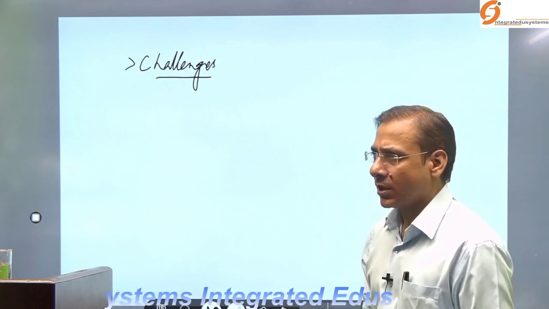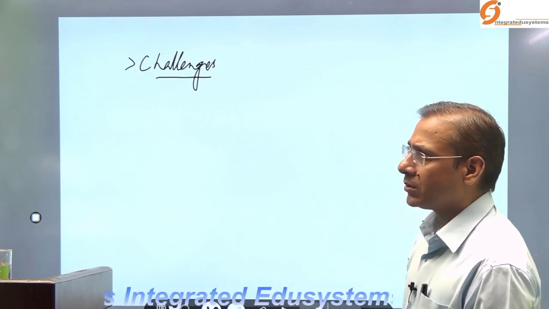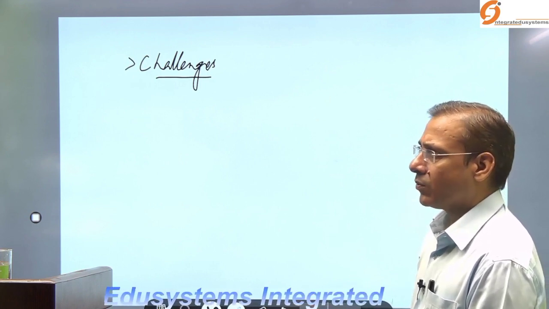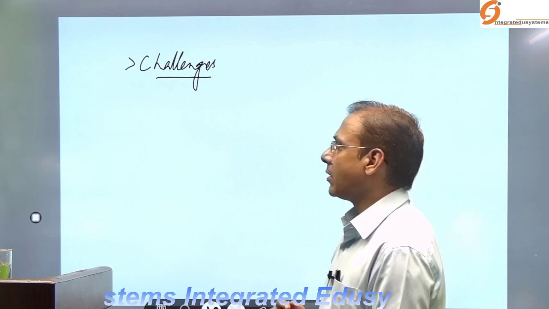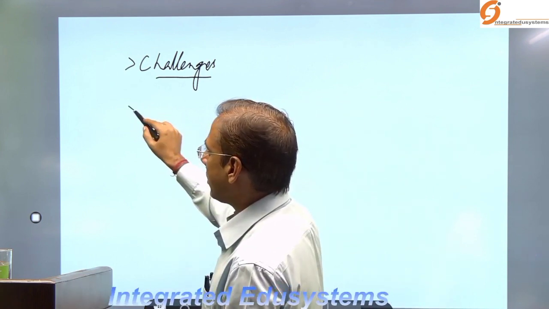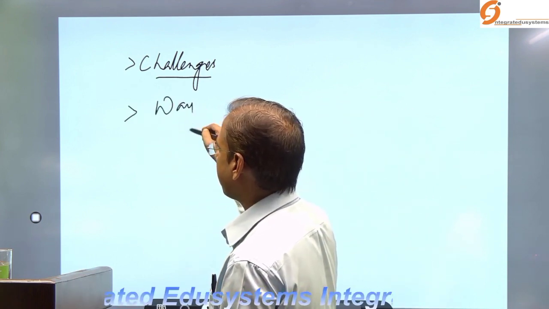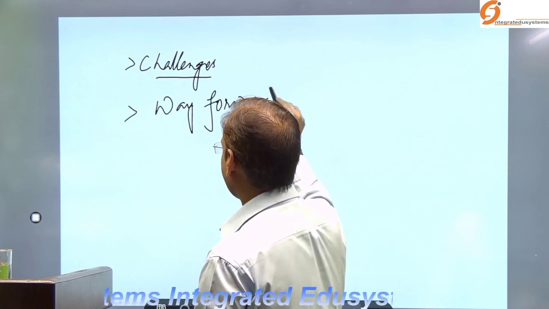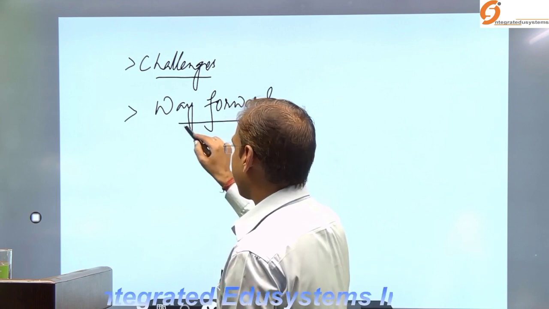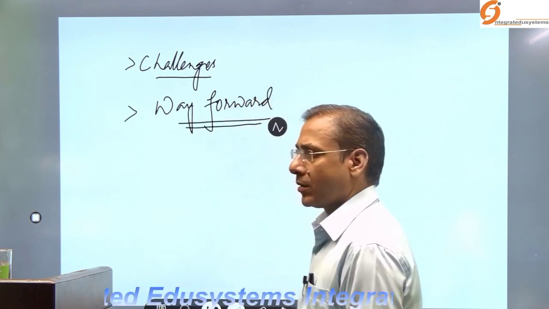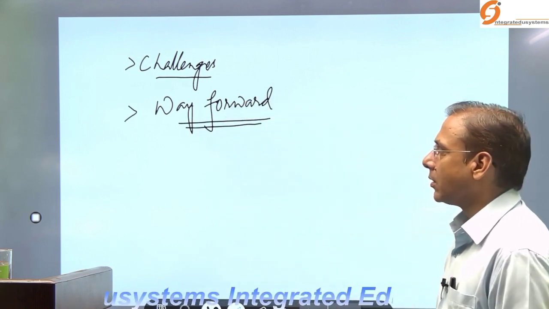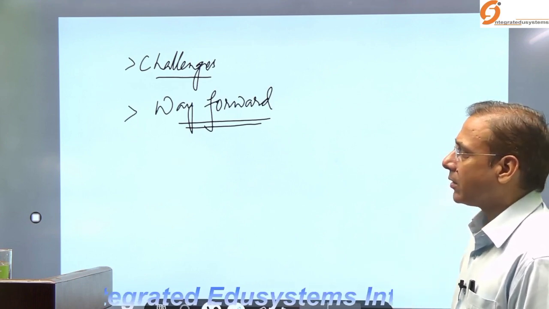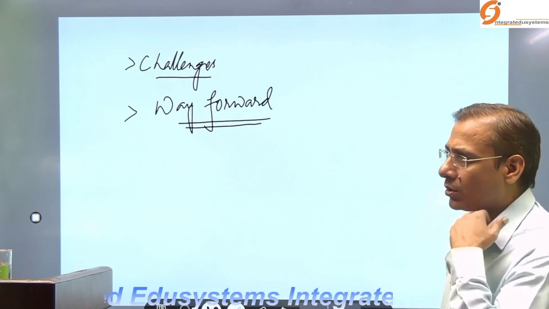You must understand, उसको भी देखना होगा कि क्या challenges है। अब challenges है तो फिर ओवरकम भी करना होगा उसे और हमें सोचना होगा वे फॉरवर्ड भी। So this is the structure of this topic. Like that you have to cover all the industries.